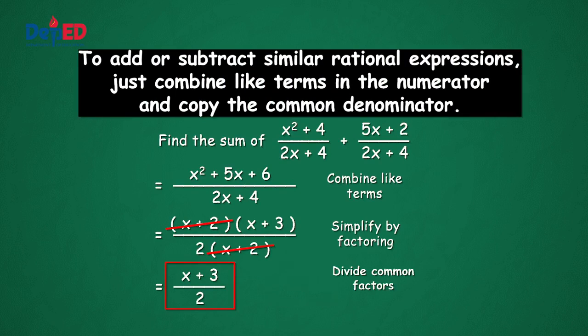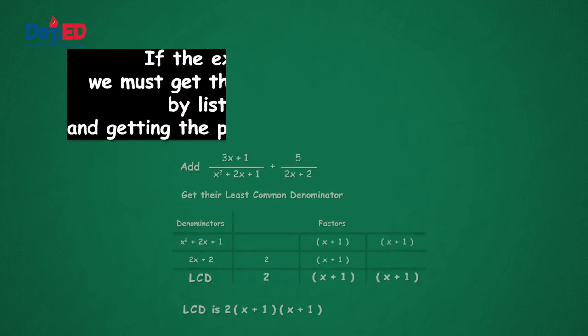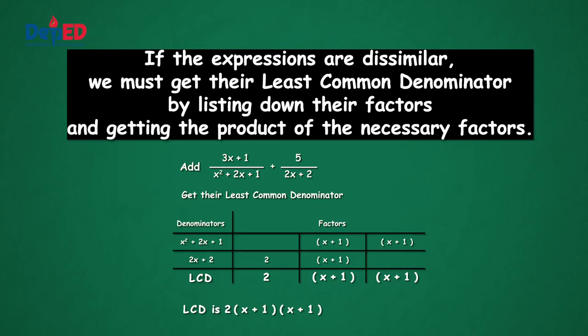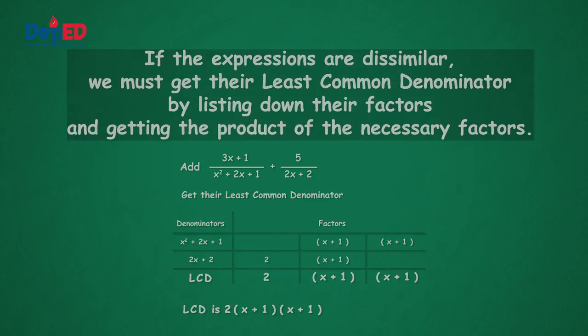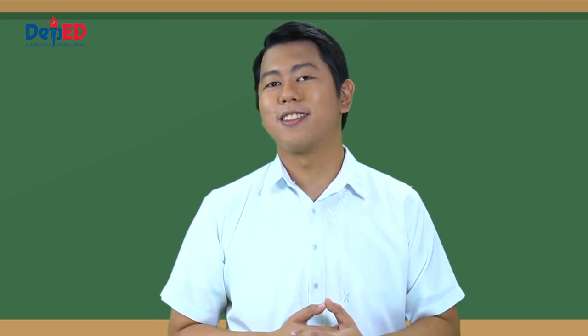To add or subtract similar rational expressions, just combine like terms in their numerator and copy the common denominator. If the expressions are dissimilar, we must get their least common denominator by listing down their factors and getting the product of the necessary factors. You can use a table like in our previous examples.